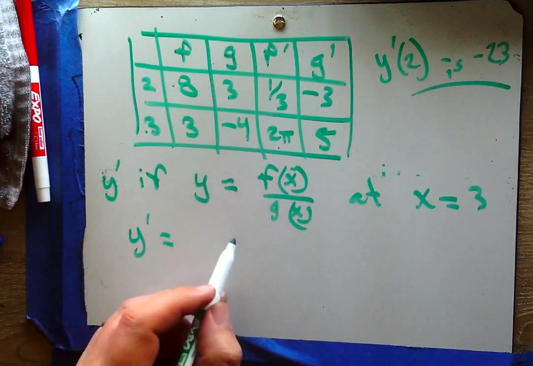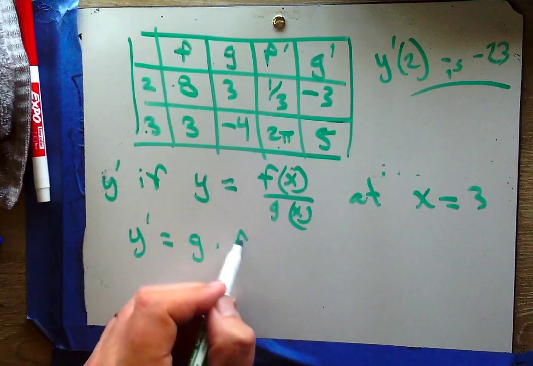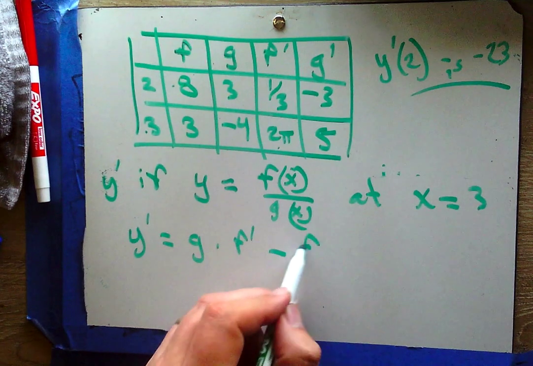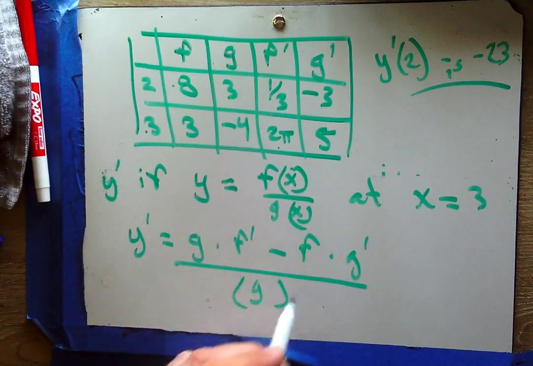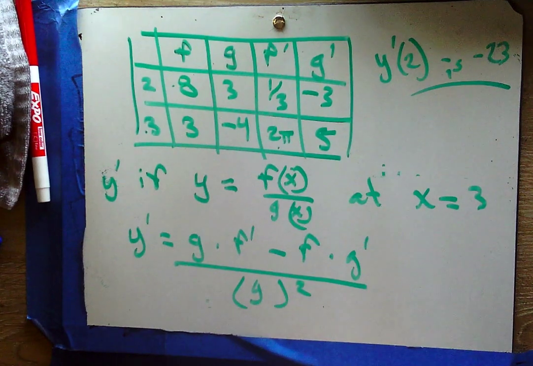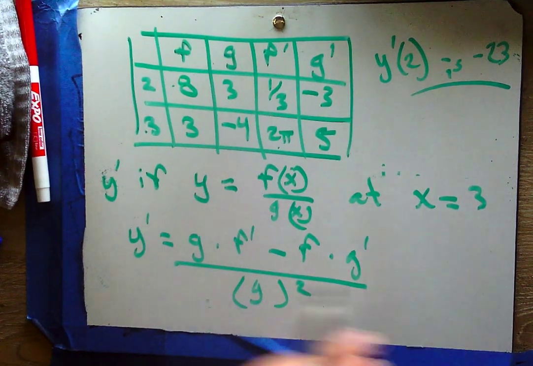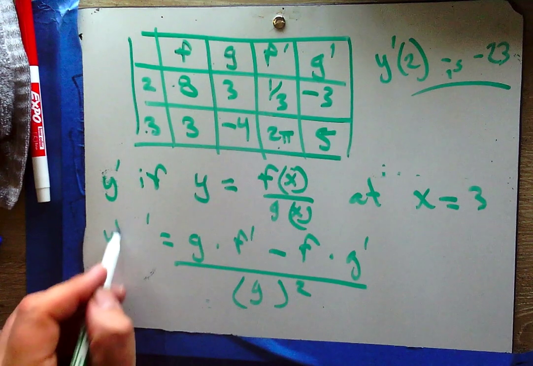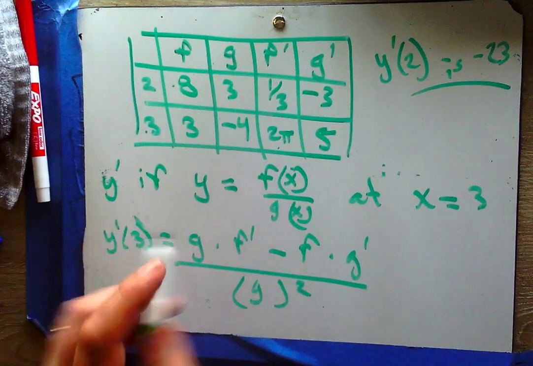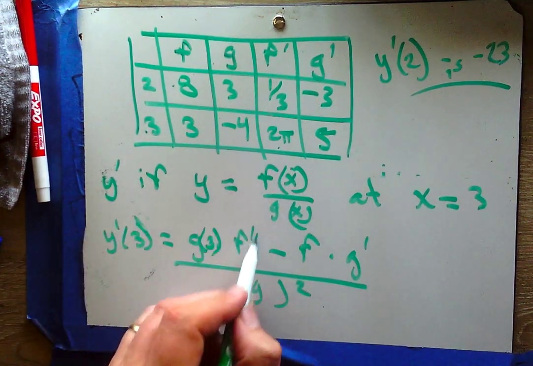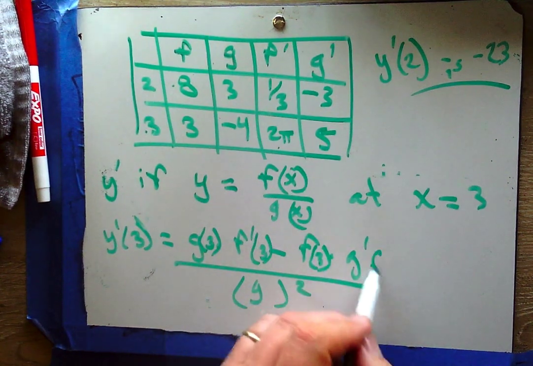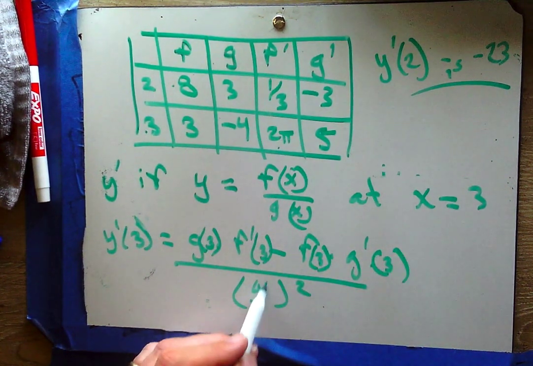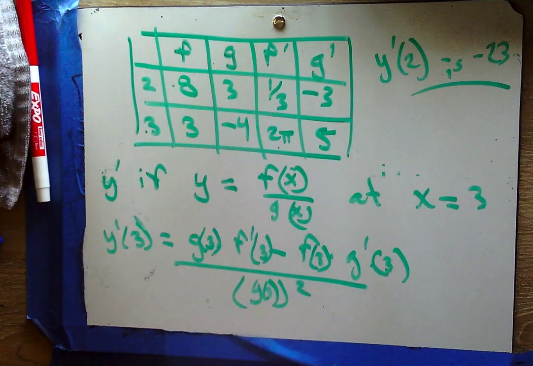Y prime will be low d high minus high d low all over low squared. So if I want y prime at 3, that means I need g of 3 times f prime of 3 minus f of 3 times g prime of 3 all over g of 3 squared.